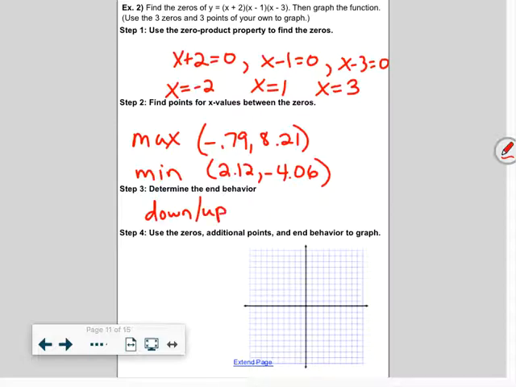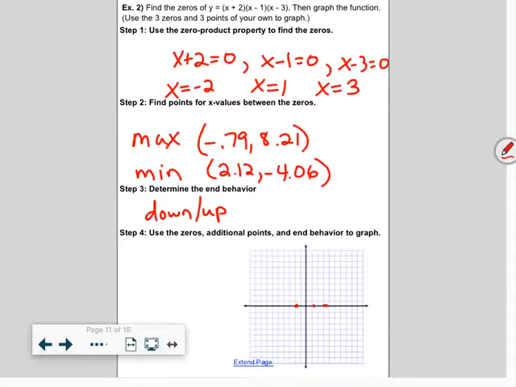So what you're going to do then is plot the x-intercepts, and the x-intercepts are the zeros, and then plot the min and max, then use the end behavior to help you put it together. So here we go. I have an x-intercept at negative 2, an x-intercept at 1, and an x-intercept at 3.